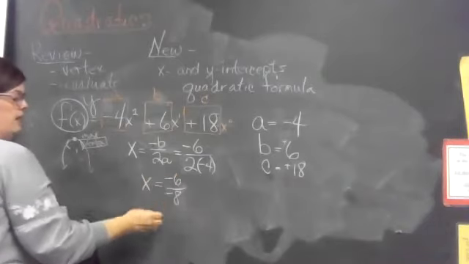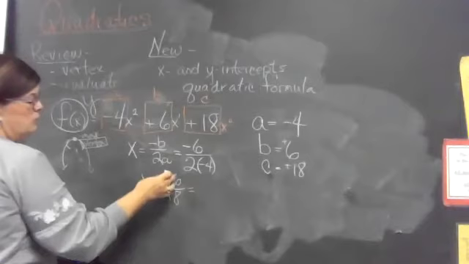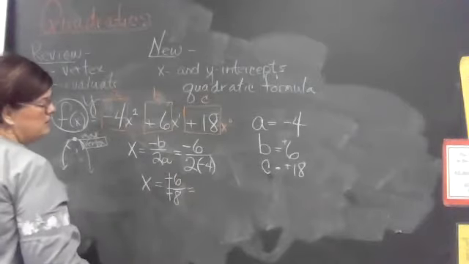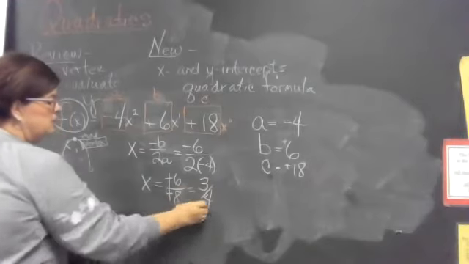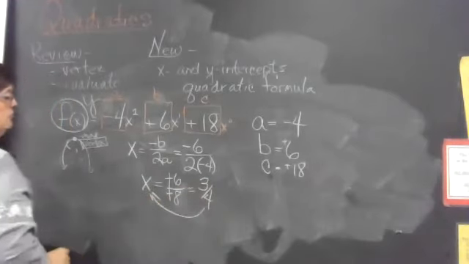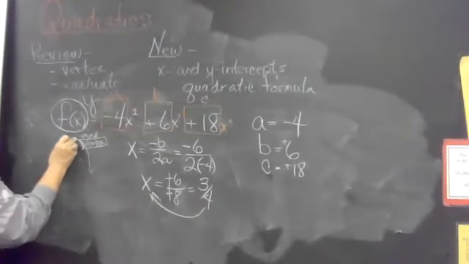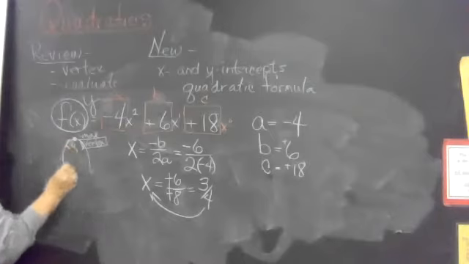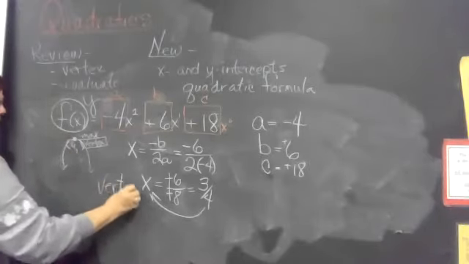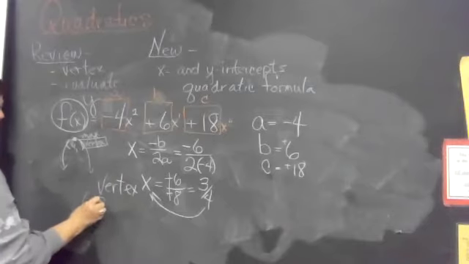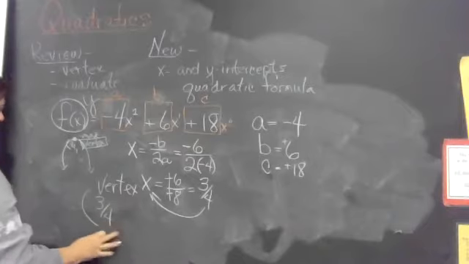If we simplify this, the negatives cancel, and we simplify 6 over 8 by dividing by 2, and we get 3/4. So x equals 3/4. So on our vertex, it's 3/4. I'm going to make this bigger. Vertex is 3/4. That's our x.